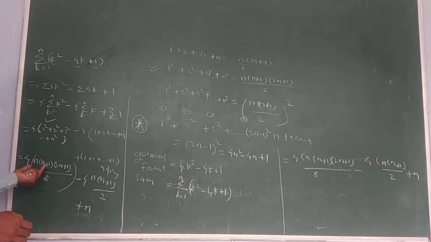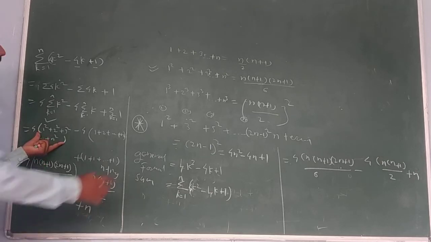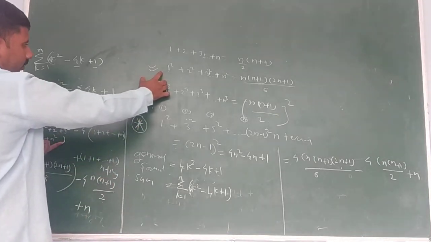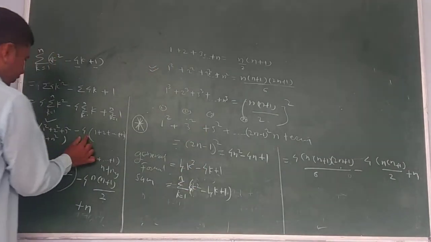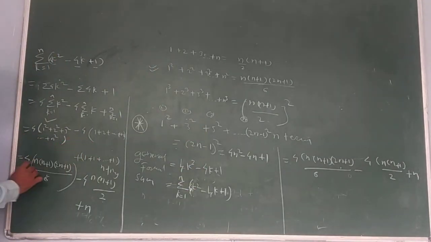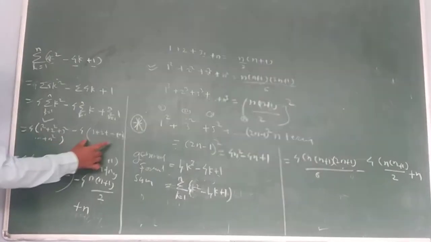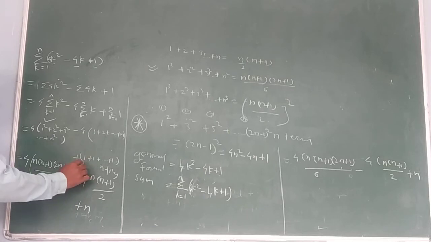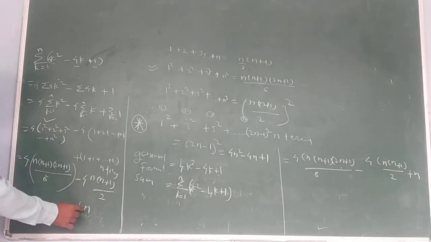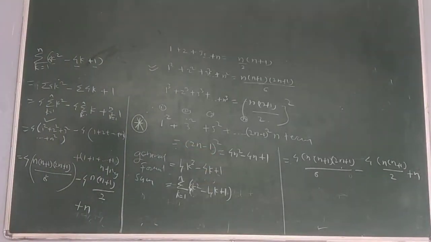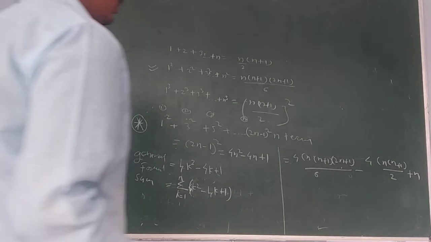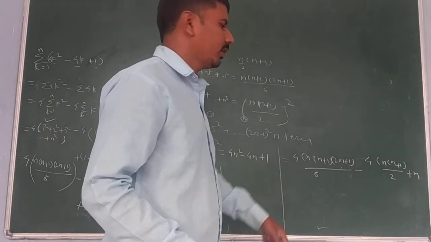This fits the second formula we learned already, and this fits the first formula. So 4 and minus 4 remain outside. This is the first formula, this is the second formula, and this is the sum of 1 till n, which is n. So we got the solution. After simplifying this equation, we got this.